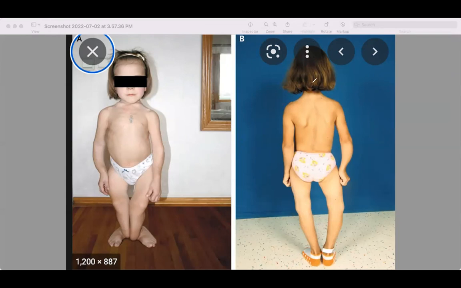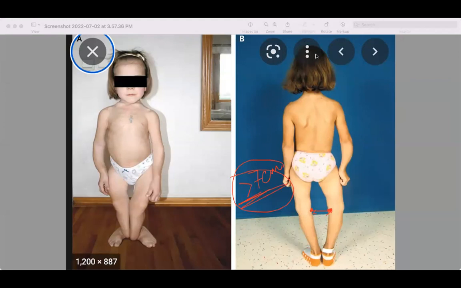No, actually it is the intercondylar distance. Intercondylar distance more than 7 centimeters is abnormal. If you measure the intercondylar distance, it will be more than 7.